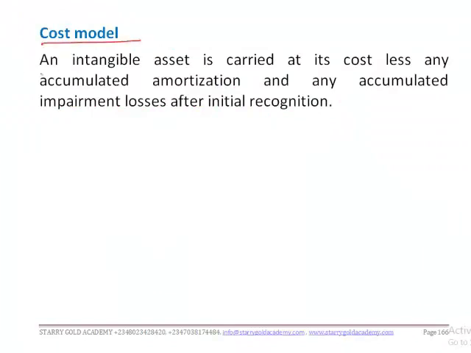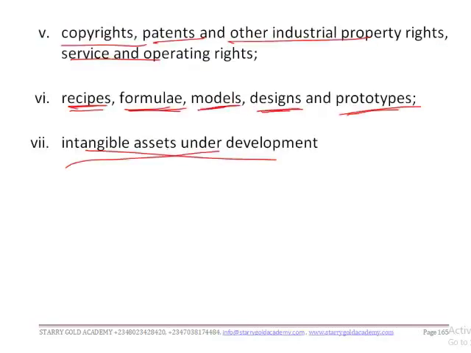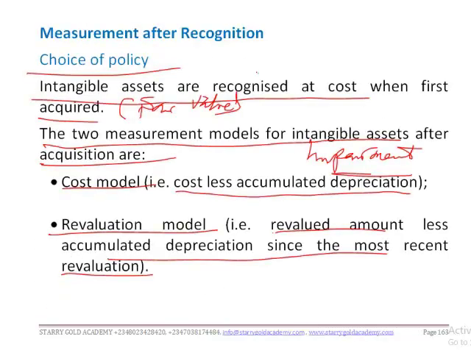Now, how about using the cost model to measure? Using the cost model, an intangible asset is carried at its cost less any accumulated amortization and any accumulated impairment losses after initial recognition. Oh sorry, here it should be amortization and not impairment. Okay, amortization.